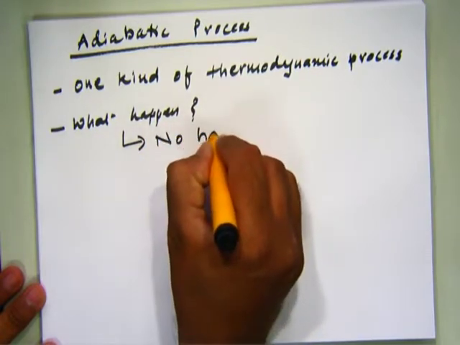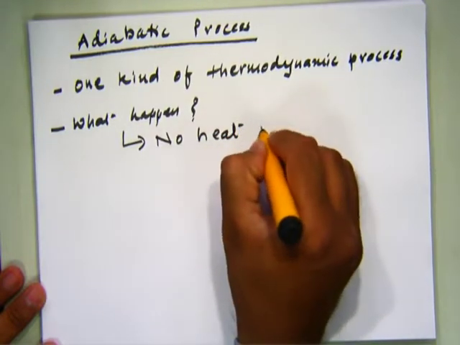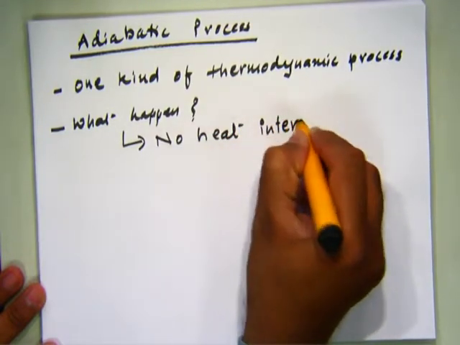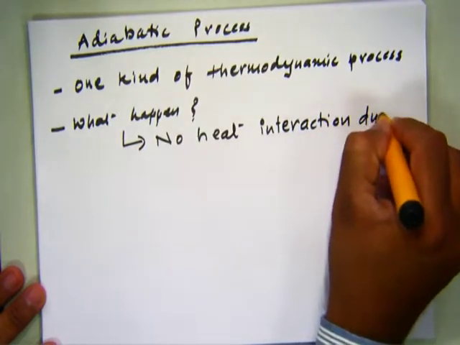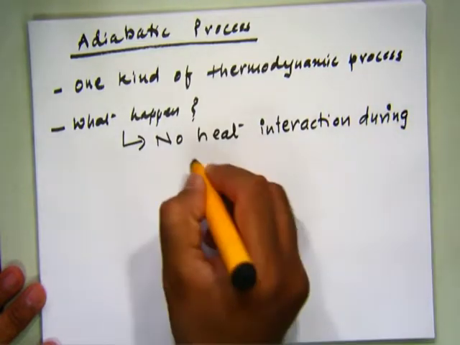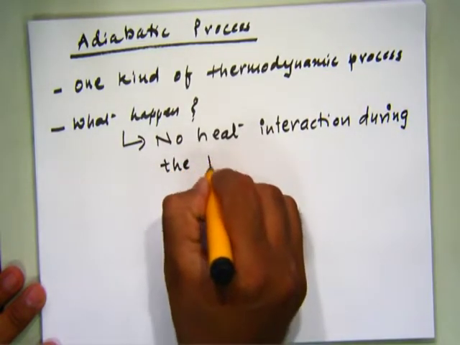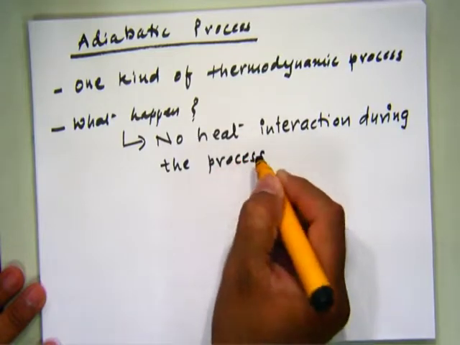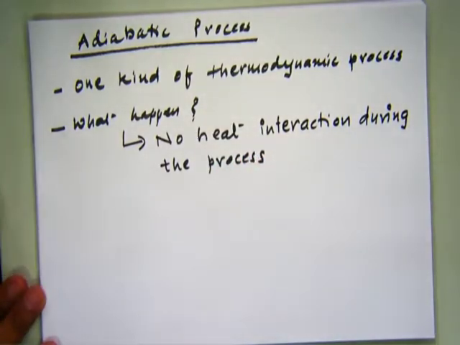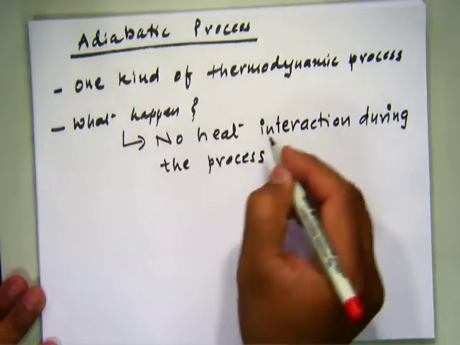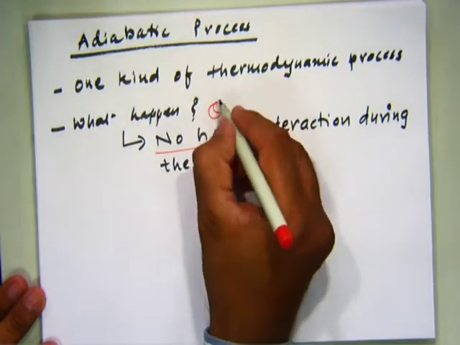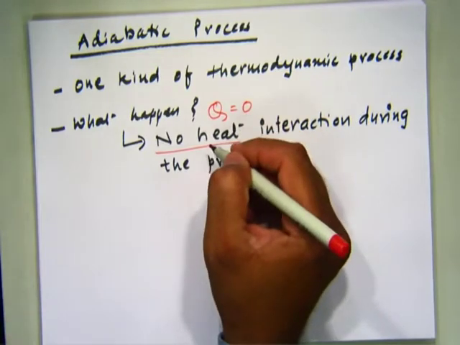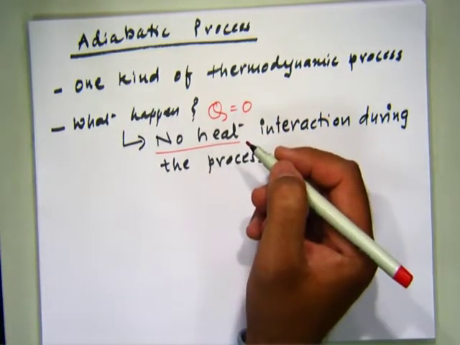No heat interaction during the process. What do you mean by no heat interactions during the process? No heat interaction means Q is equal to 0.